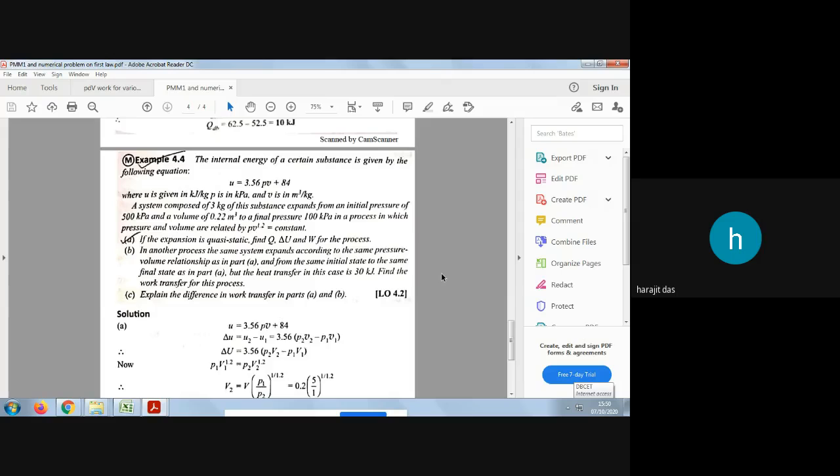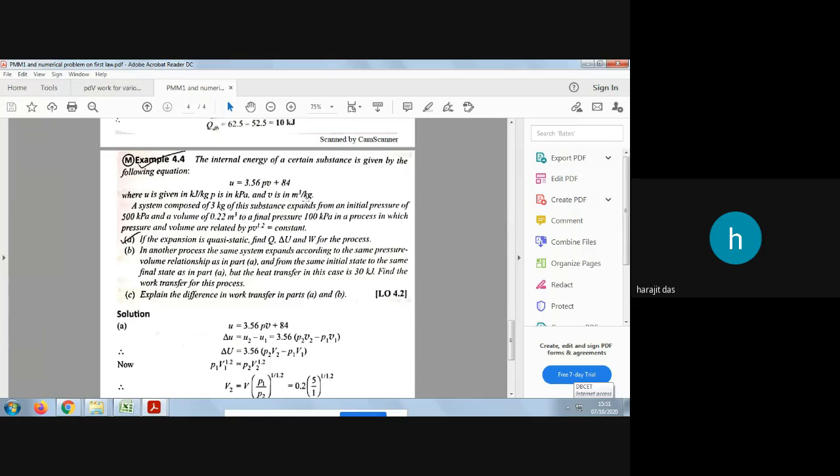So this is also a problem which is based on the first law of thermodynamics. Here the internal energy of a certain substance is given by the following equation. It is given by small u equals 3.56 small p into small v plus 84, where u is given in kilojoule per kg, P is in kilopascal, and V is in meter cube per kg.